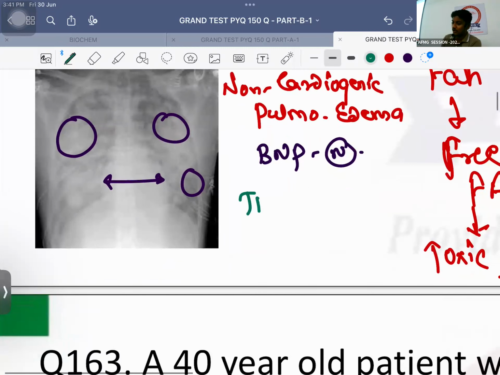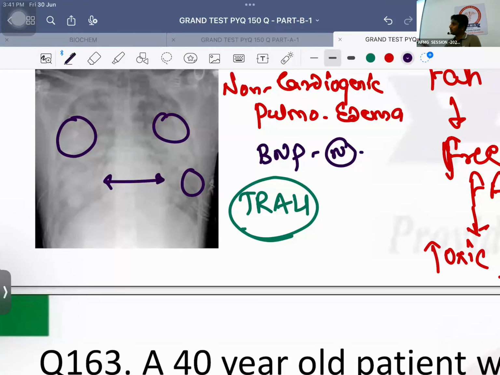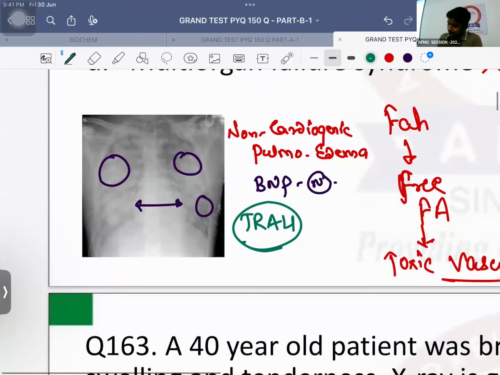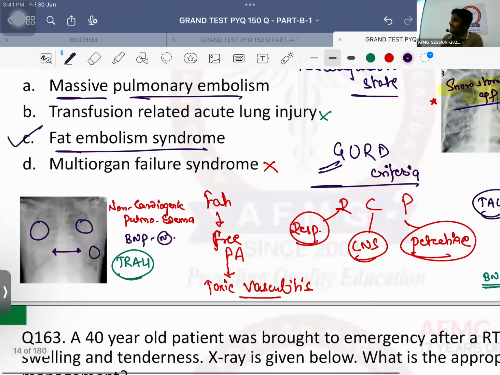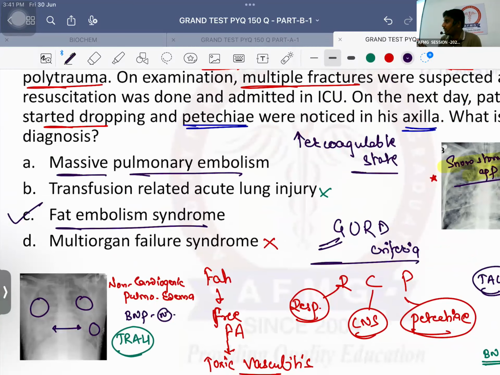Okay, so this is the case of TRALI, that is transfusion related acute lung injury. Here also they will give a history of massive blood transfusion. So after massive blood transfusion either can happen, and I have to look at the X-ray and BNP level. Anyhow, we were not able to see any BNP levels over here, and in TRALI there are no petechiae or anything. Only the patient has respiratory symptoms.